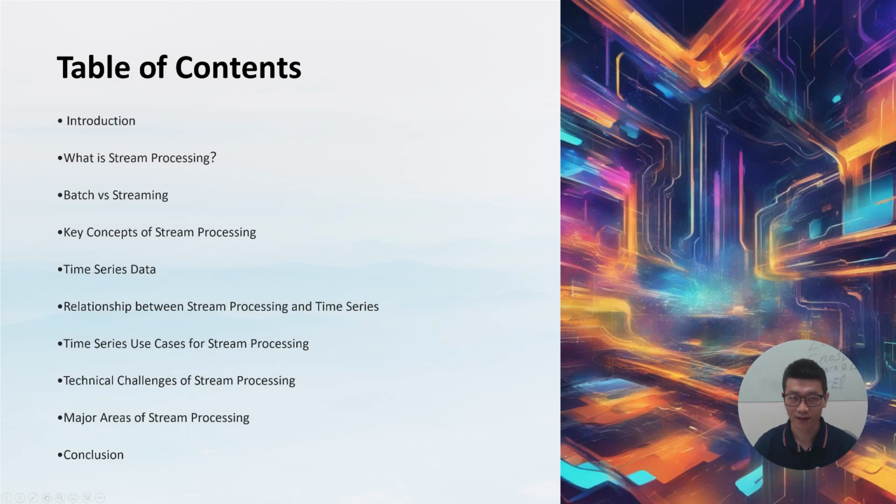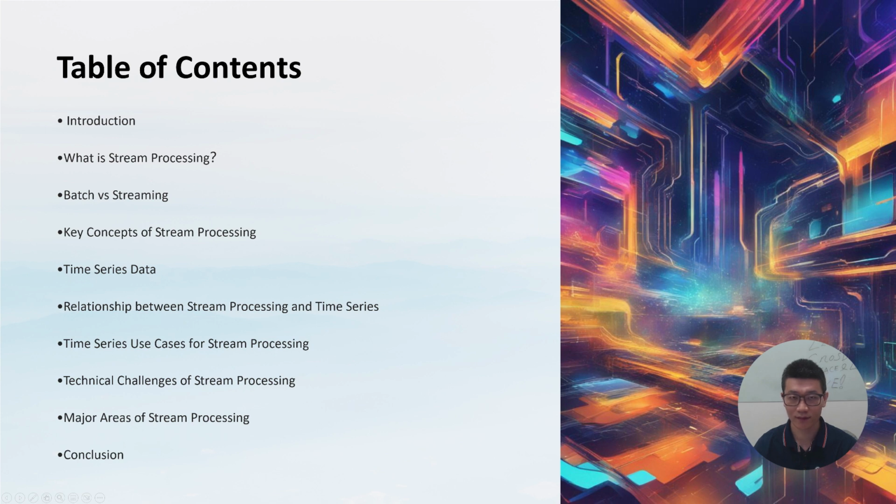All right, let's get into our topic today. In this first part, we'll cover what is stream processing. Of course, this is just the introductory. Some of you may already be quite familiar with the topic. Well, it doesn't hurt to review it again. What is the difference between batch processing and stream processing?